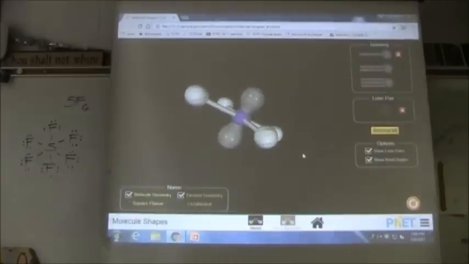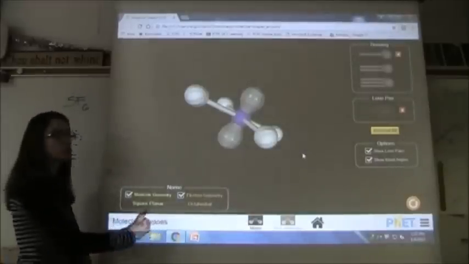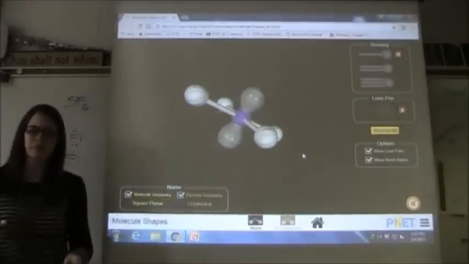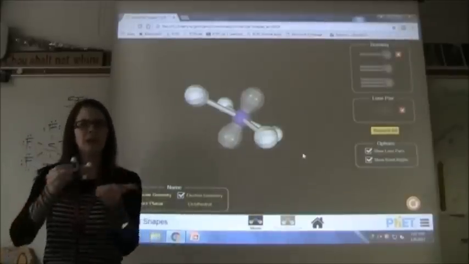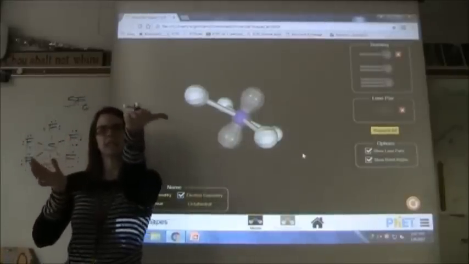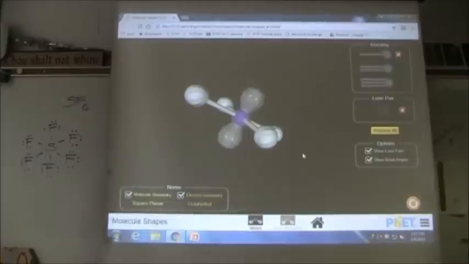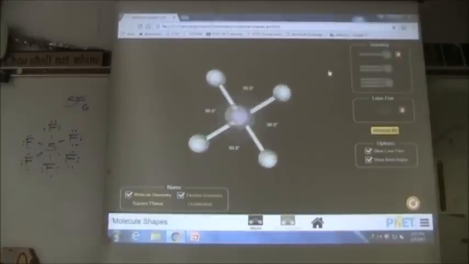Ladies and gentlemen, this is the final shape you're responsible for. It's called square planar. What does planar mean? Flat. It's a flat molecule. It's a perfect flat X. Look at that. Perfect. And that is accurate. It's exactly 90.